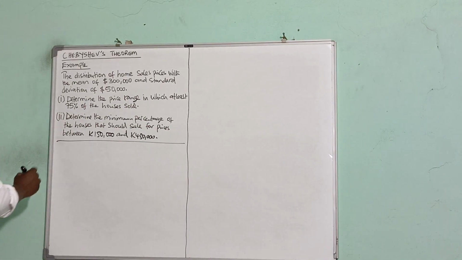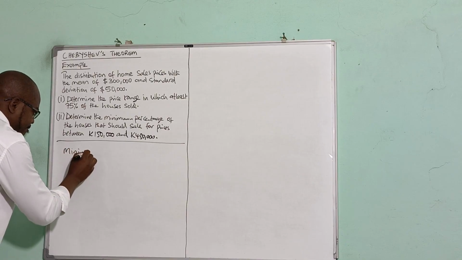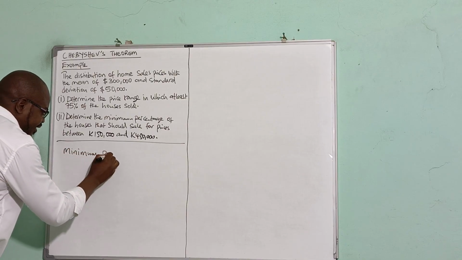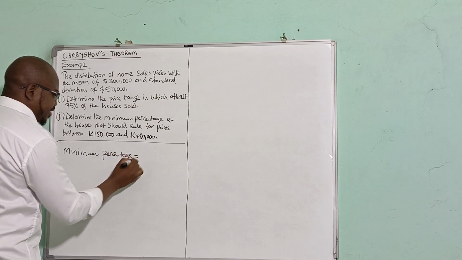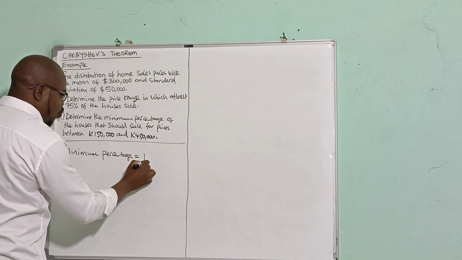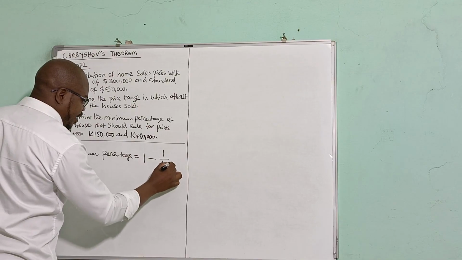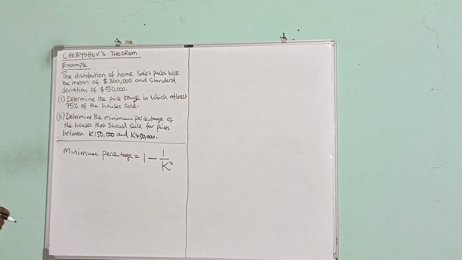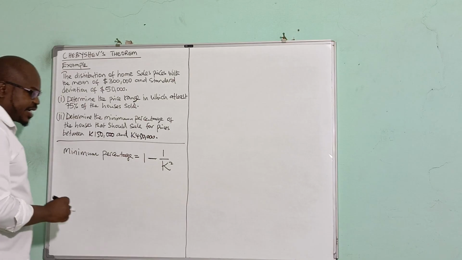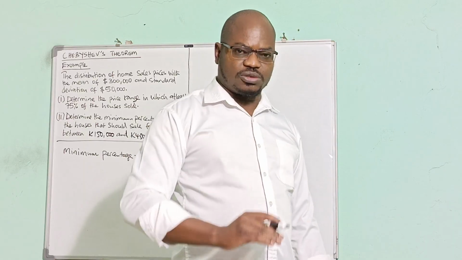In Chebyshev's theorem, the minimum percentage is calculated by simply saying 1 minus 1 over k squared, where k is the number of standard deviations.